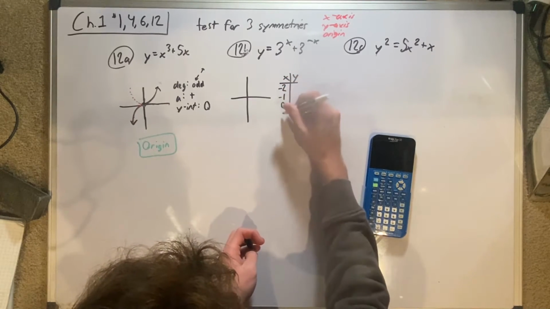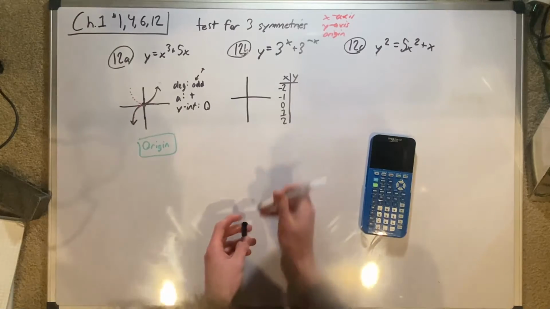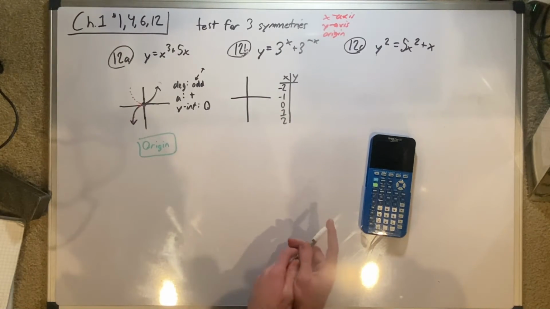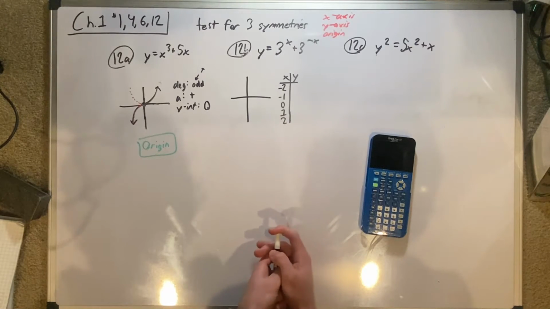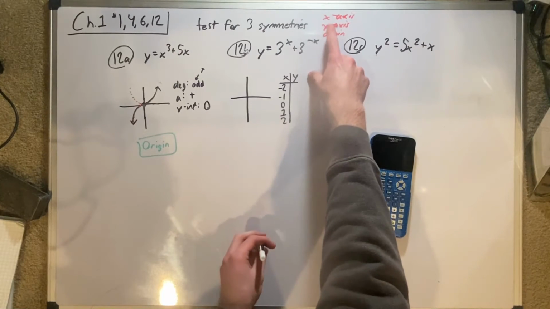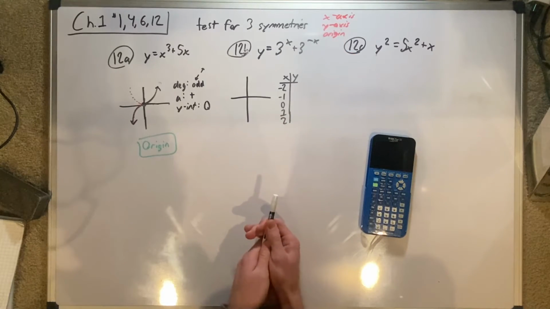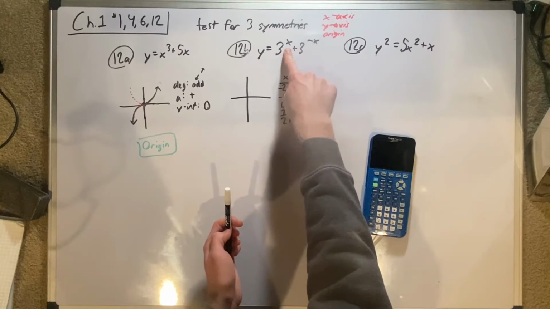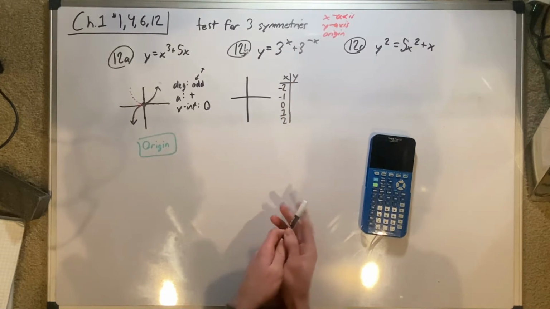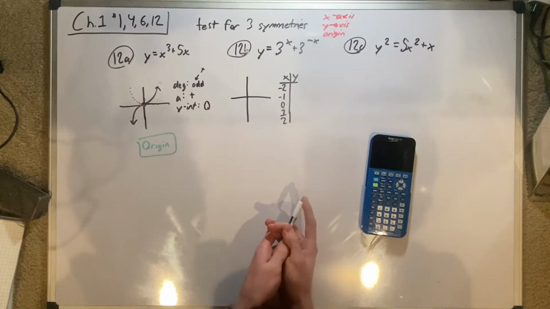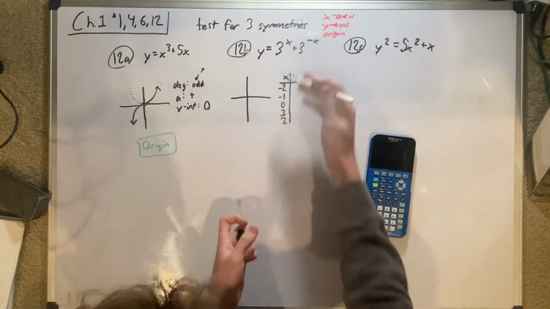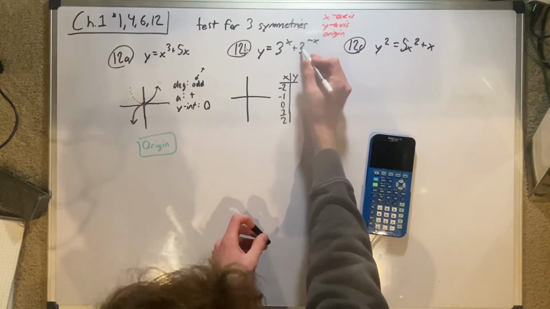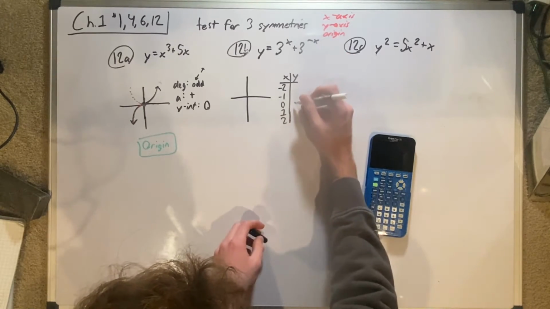-2, -1, 0, 1, and 2. I know that I can use these because you can plug anything into these x's and not get a domain restriction, so we're fine. We're also testing for origin symmetry and y-axis symmetry, meaning it would be good to know negative numbers as well. Let's start with 0, because that's the easiest one. 3 to the 0th power is 1, and then 1 plus 3 to the -0, so 1, is 1 plus 1, which is 2.